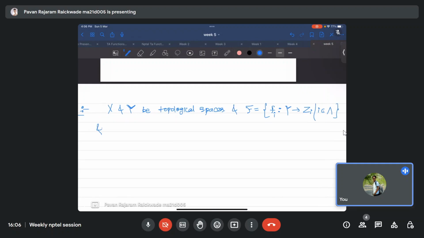And now from script F we can define a topology on Y, by the same logic as we defined the weak topology.